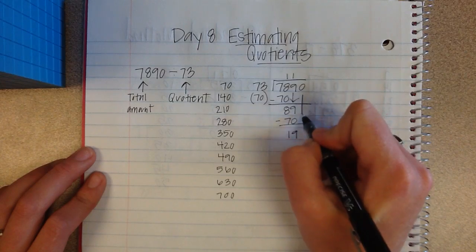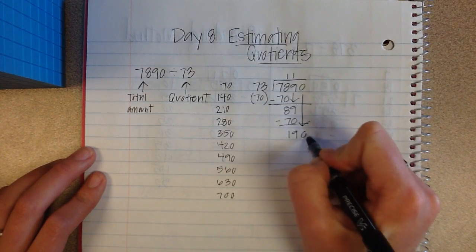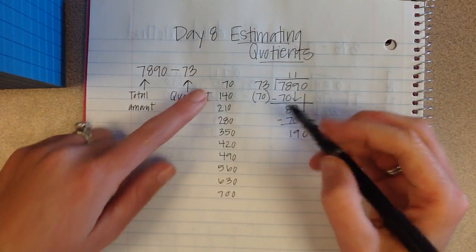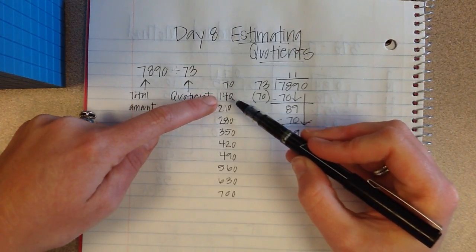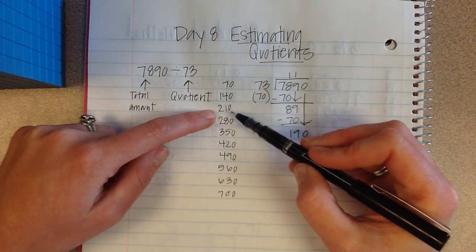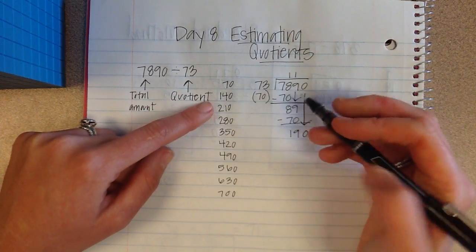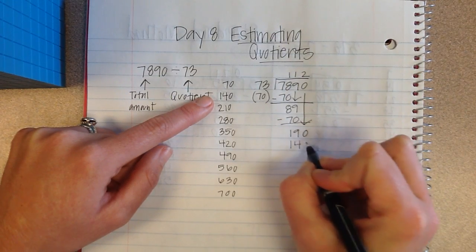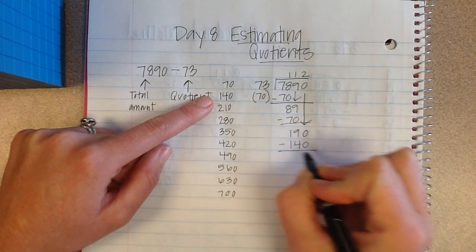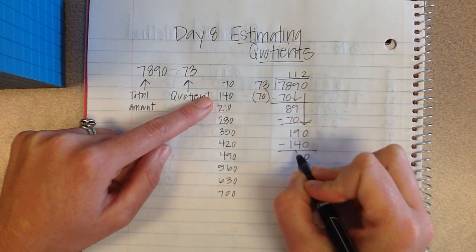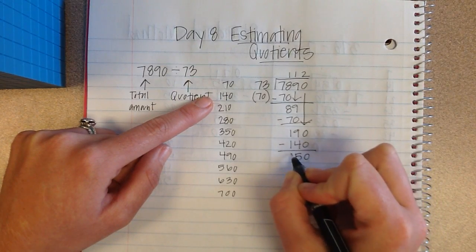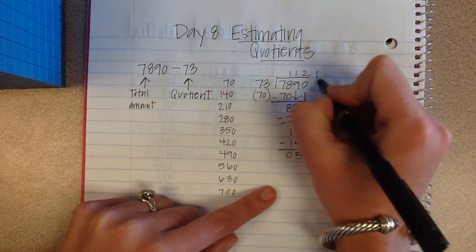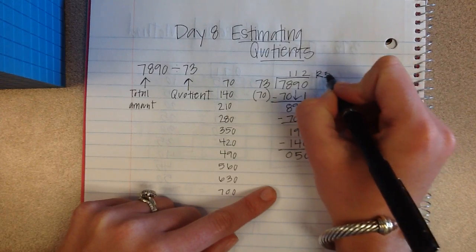Now I'm going to bring down the 0. Does 70 go into 190? Let's see. 70, 140, and 210. 210 is too much, so I'm going to put a 2 up here. I'm going to subtract. I don't have anything else to bring down, so I know my remainder is 50.